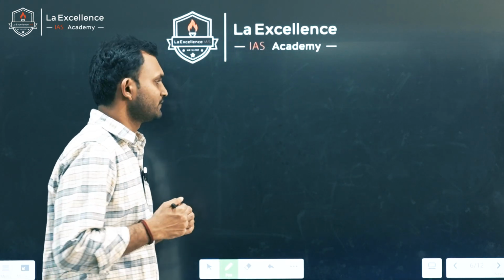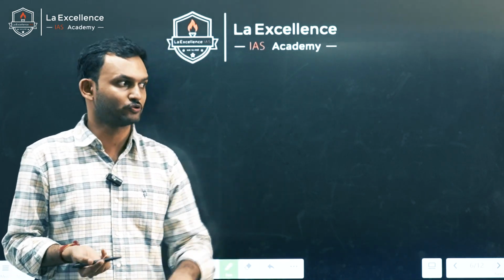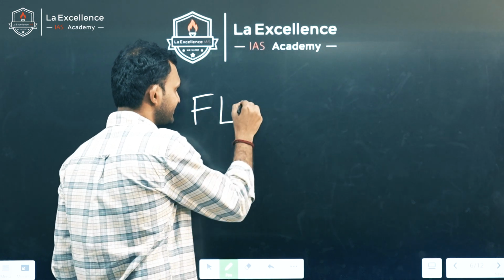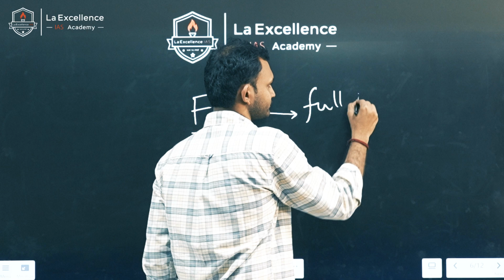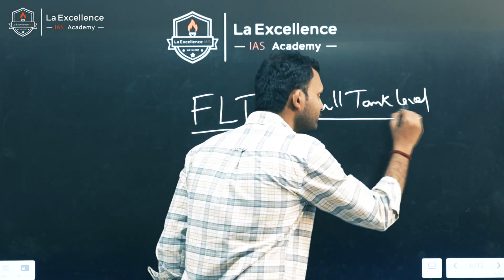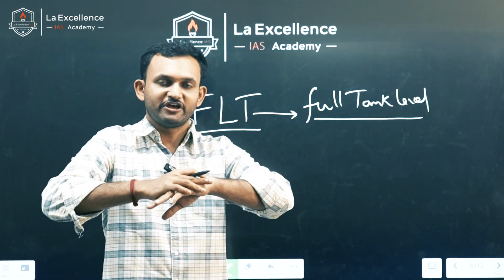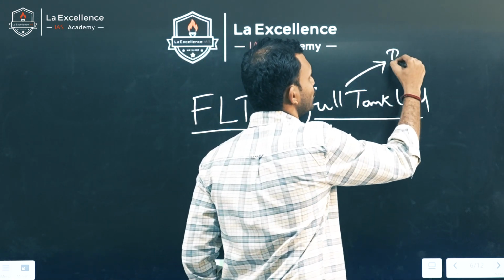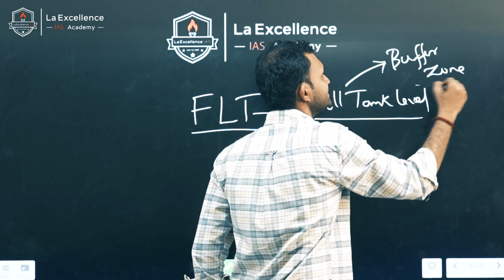mandate given. So how would they identify whether the lake has been encroached or not? For which they have tried to understand this terminology. There is something called Full Tank Level. Okay, this Full Tank Level is, if the lake is very much full and overflowing, what would be the buffer zone till which the lake would exist?